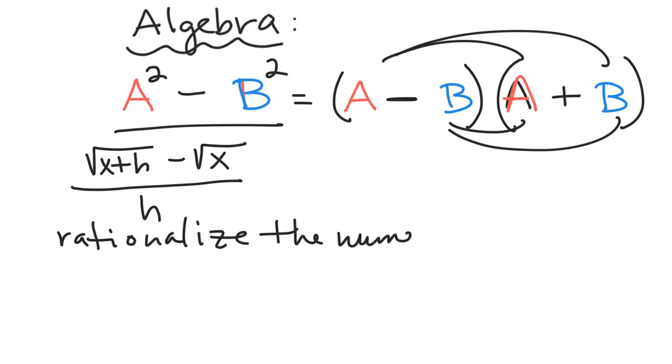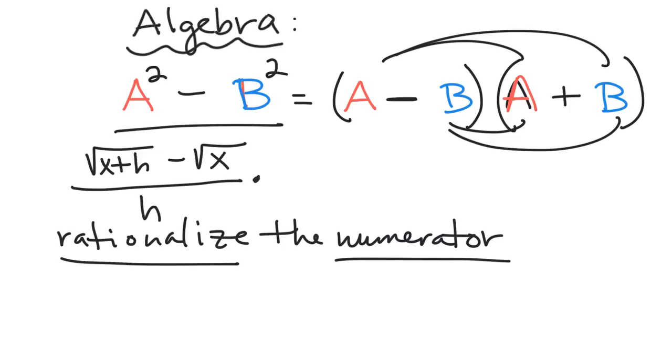That's a lot to say, but let's rationalize the numerator. And what does that mean? Well, we can always multiply something by 1 without changing it, and you can write 1 any way you wish as long as the numerator and the denominator are the same. So let's multiply this by what we call the conjugate. It's the same thing but with a plus.